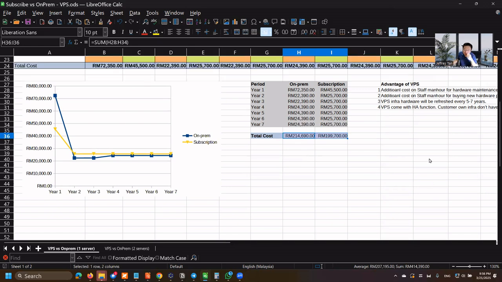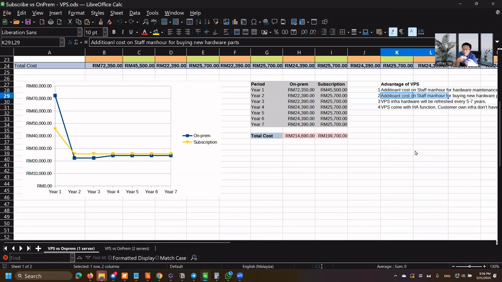Actually, there are other benefits also if you go for cloud. For example, you don't have the hassle of maintaining your hardware. You don't need to worry about it, because it's taken care of by the service provider. You just pay the rental to use the cloud server. Another one is when you want to upgrade the server, when you have more data, you need to ask your staff to purchase more hardware.